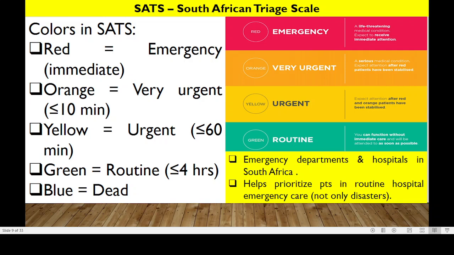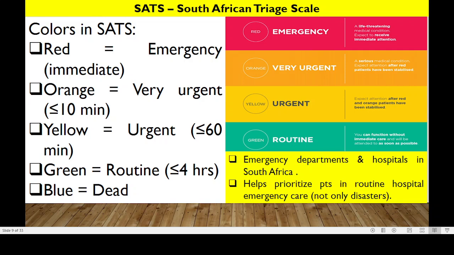It is extensively used in South Africa and is applicable to low and middle income countries, Kenya included. So in Kenya, it is highly practiced in KNH, Kenyatta National Hospital, and this is our main referral hospital for the country. In this case, we also have color coding where we have 5 colors.